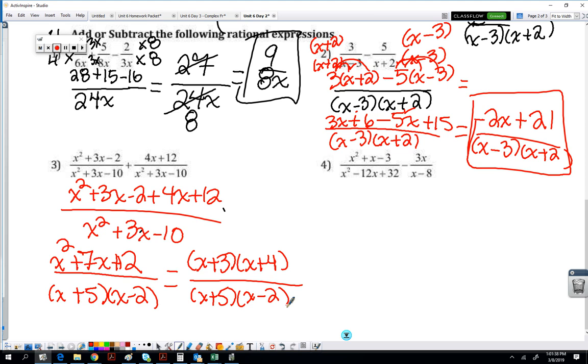You cannot cancel anything. So that's why this is your final answer. And now the reason why we like to factor everything is to be able to cancel things out if you can. Sometimes you can't recognize if you can cancel stuff out if it's not in factored form. All right, number 4. Step number 1 is to factor.